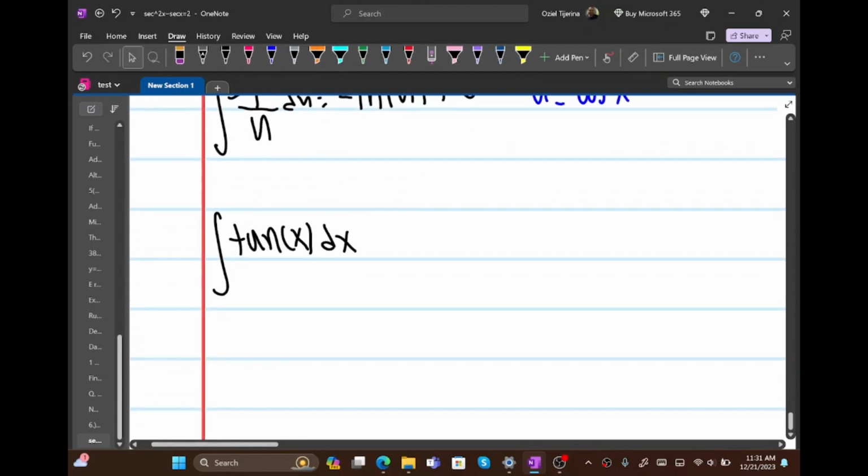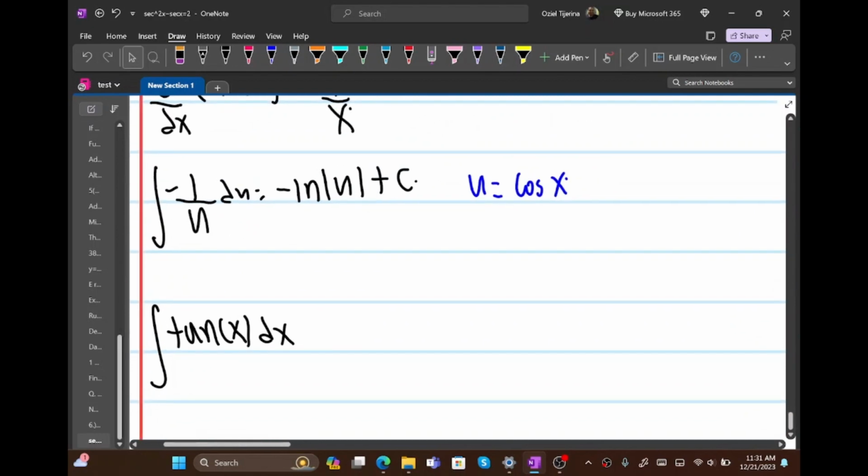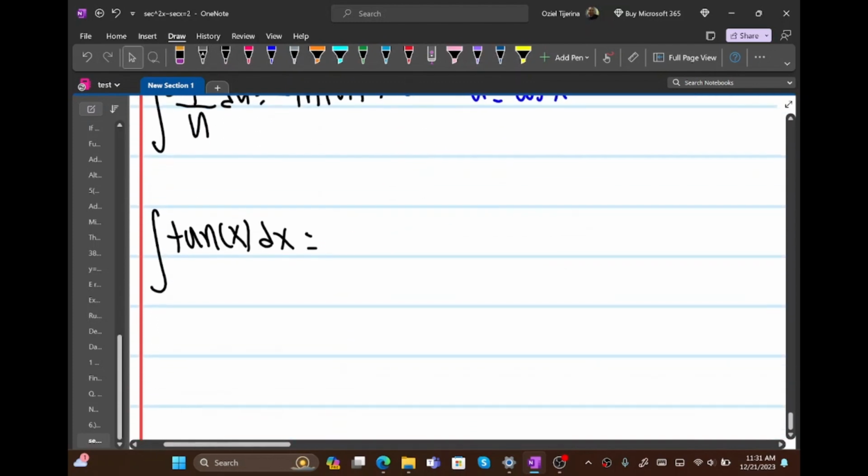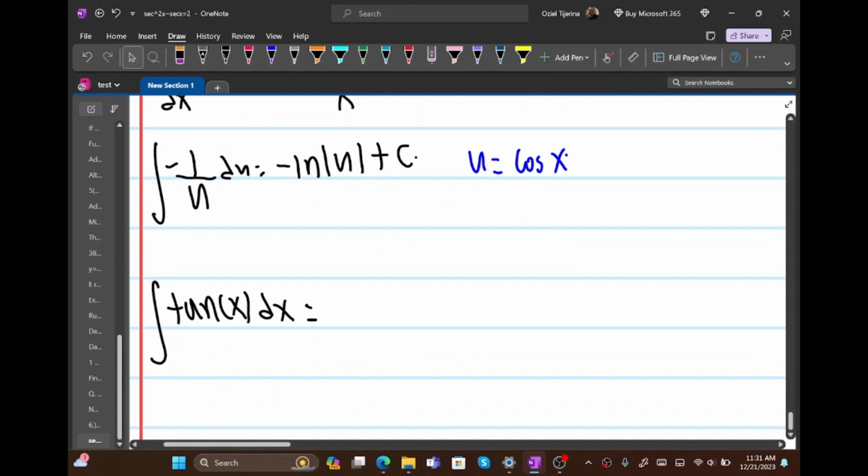Therefore, the integral of tangent of x dx is negative natural log of the absolute value of cosine of x.